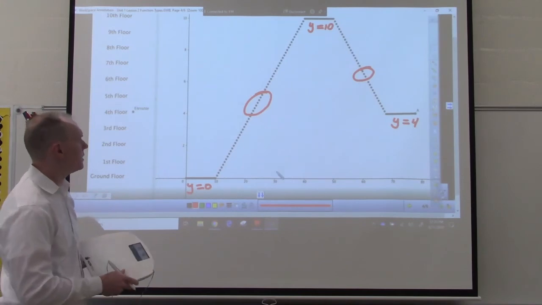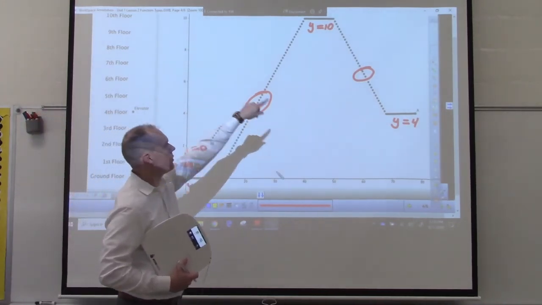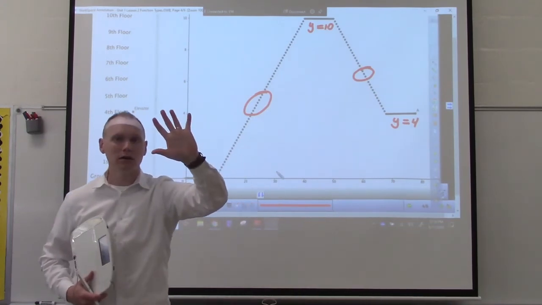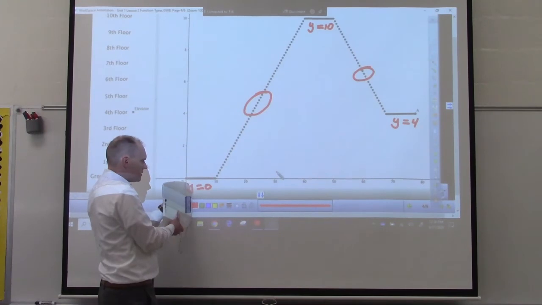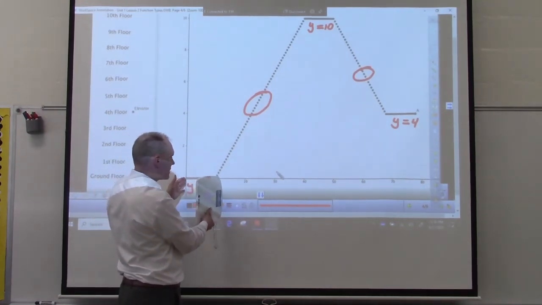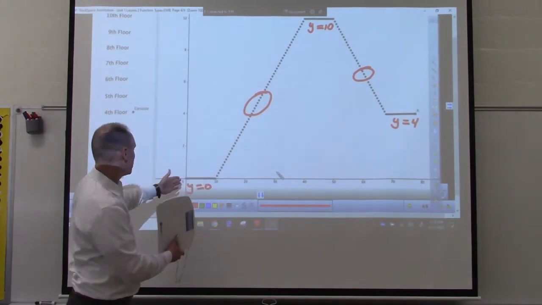So this is a piecewise function, but it's defined by 1, 2, 3, 4, 5 different pieces. Each set of seconds, in this case from 0 to, I don't think it's 10 seconds, but whatever the scale is here, I need to go back and look at that.